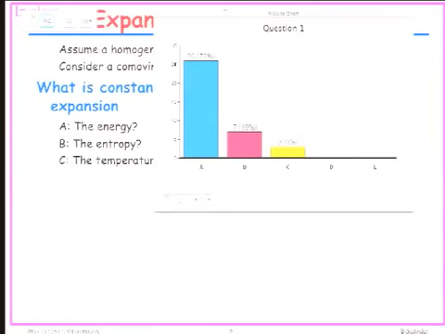The result is the entropy. Because the energy cannot be constant because this sphere is working against the rest of the universe. There is a pressure.